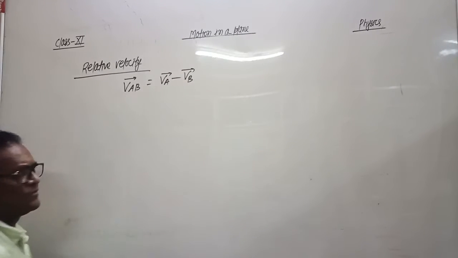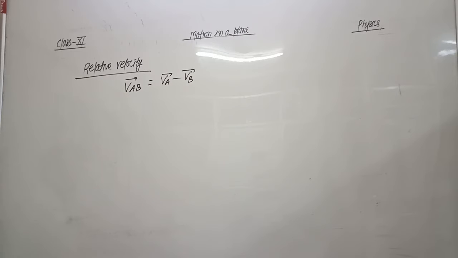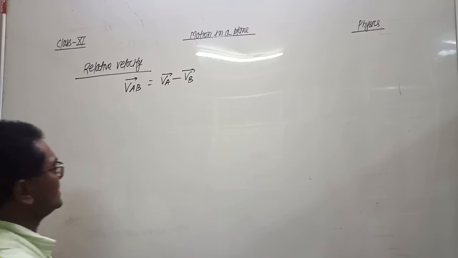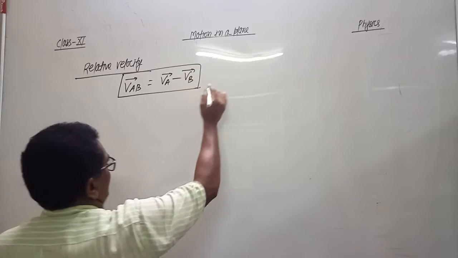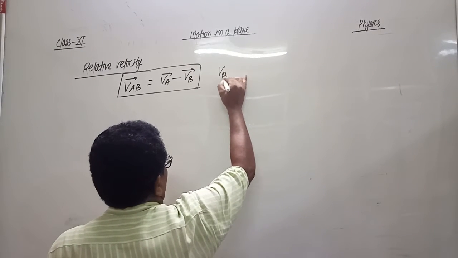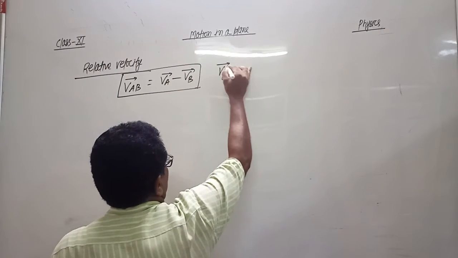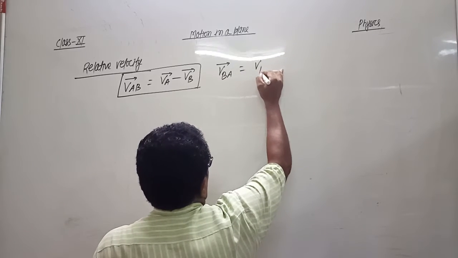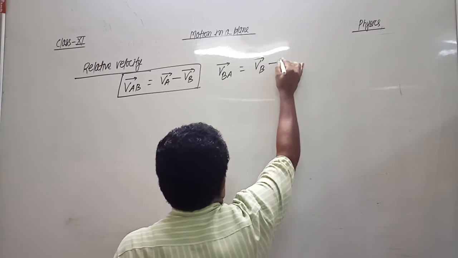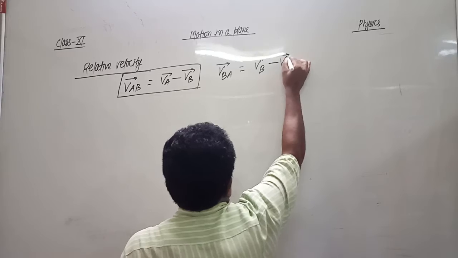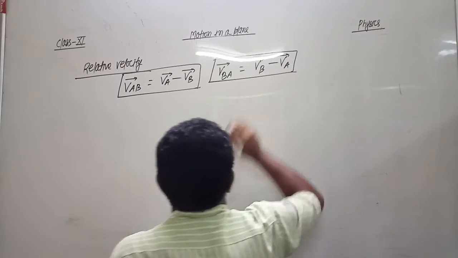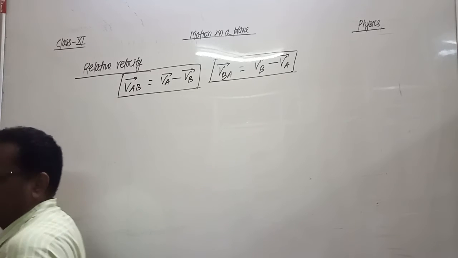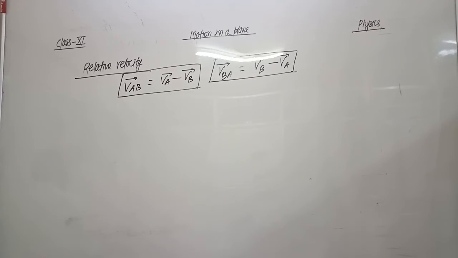The relative velocity of A with respect to B is given by VA vector minus VB vector. Similarly, the relative velocity of B with respect to A is VB vector minus VA vector.